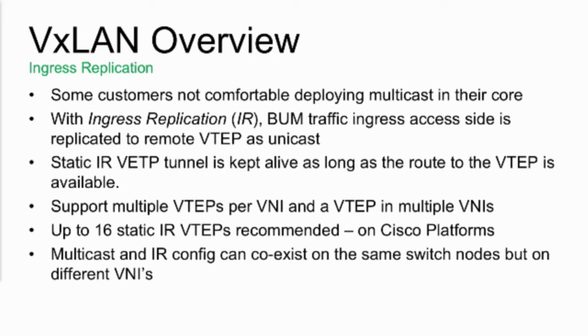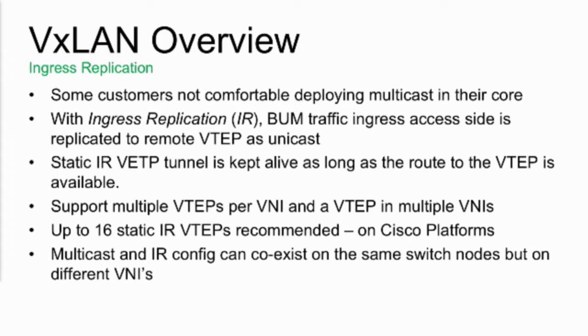Now, you also have Ingress Replication. In Ingress Replication, not everyone wants to run multicast in the environment, so you have unicast forwarding. And the downside of it is you need to have the unicast packets replicated to all the VTEPs. Unless you do that, not all VTEPs will be able to form a neighborship or NV-peering and establish a connection to forward the VxLAN packets.